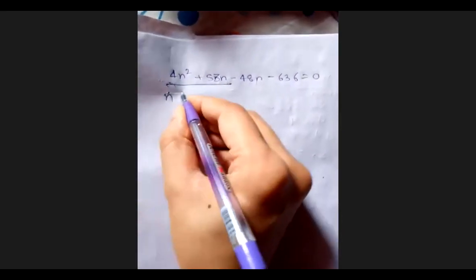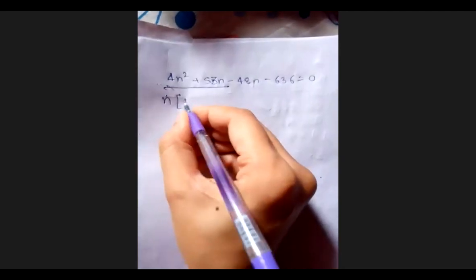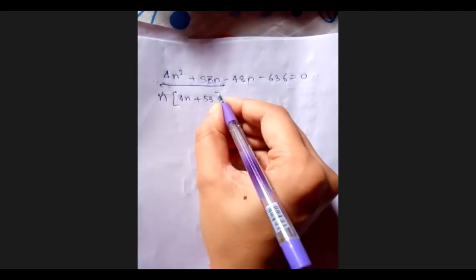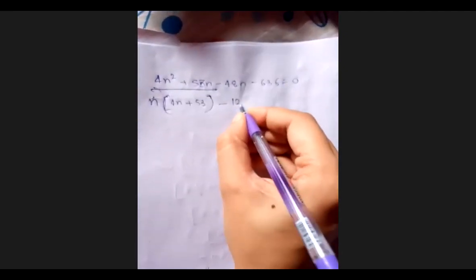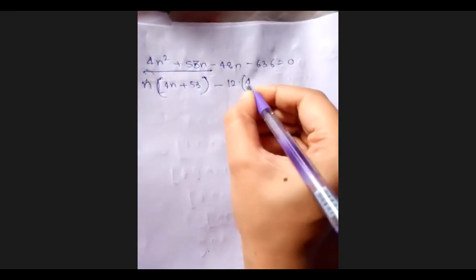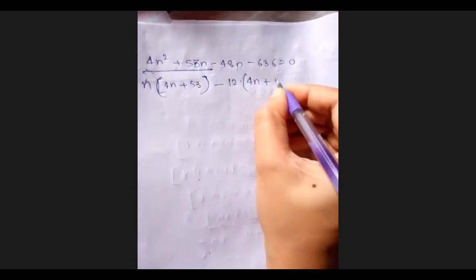What is common here? n is common, so you can take n(4n + 53). Next, what is common in between? 12 is common, okay? So 12 is common, you can write 4n + 53.